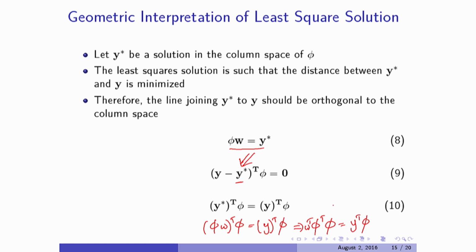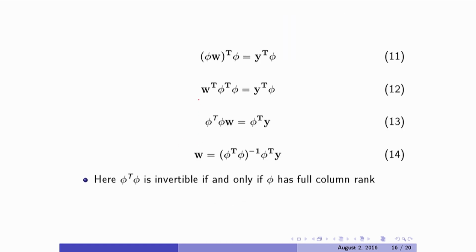After all, equating two row vectors is the same as transposing them and equating the corresponding column vectors. That's what we do here. You transpose both the left hand side and the right hand side.